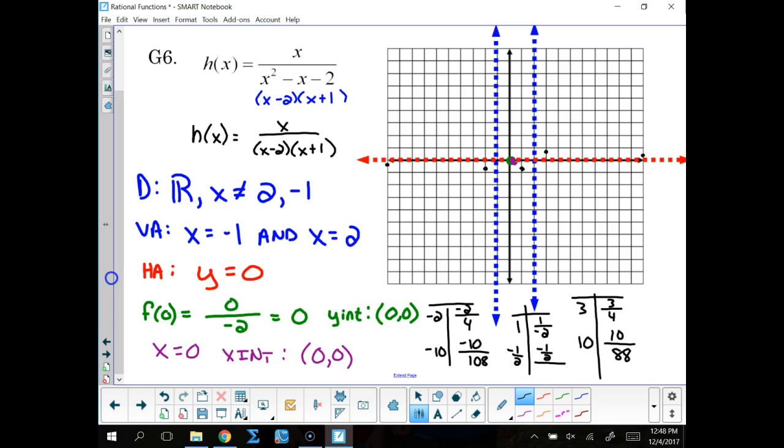Right? So, a negative number squared is a positive, and it's going to be a fraction, plus a fraction minus 2. Positive or negative? 1/4 minus negative 1/2 is 3/4. 3/4 minus 2 is negative, right?